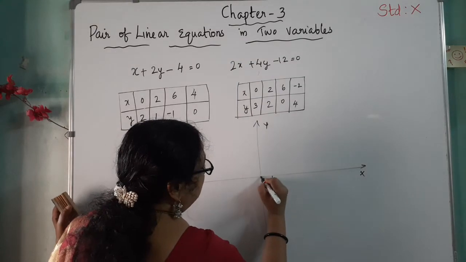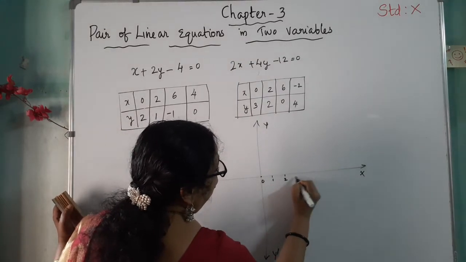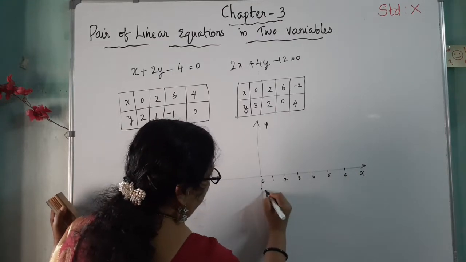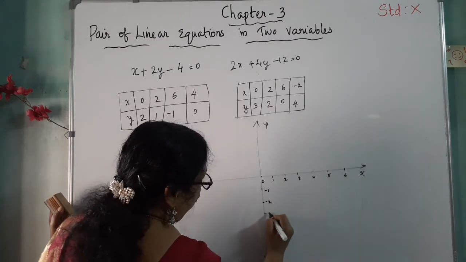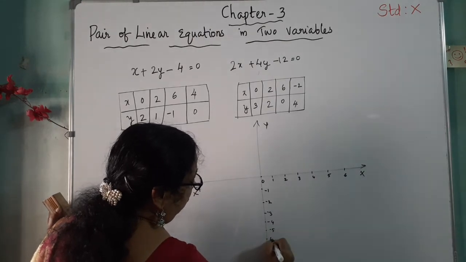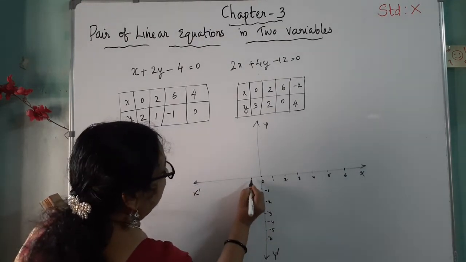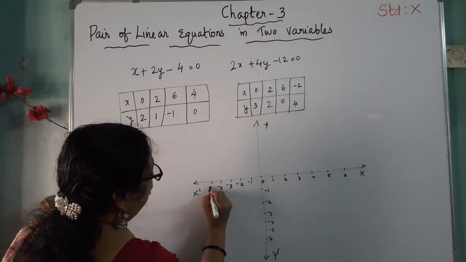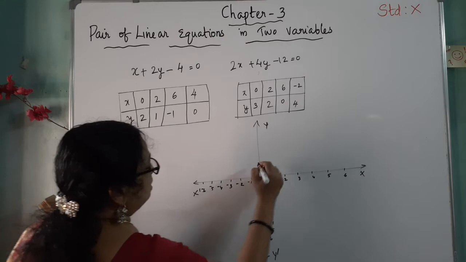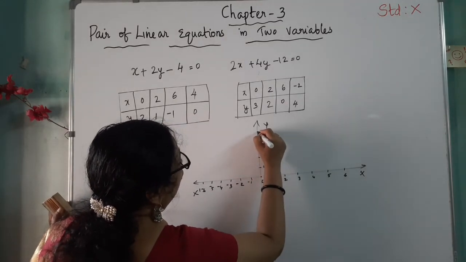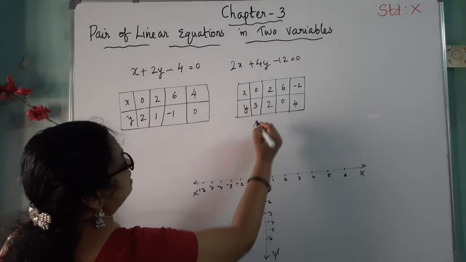Here this is 0, then 1, 2, 3, 4, 5, 6. Then below, minus 1, minus 2, minus 3, minus 4, minus 5, minus 6. Here on the left side minus 1, minus 2, minus 3, minus 4, minus 5, minus 6. Here 1, 2, 3, 4, 5 and 6 on that side.